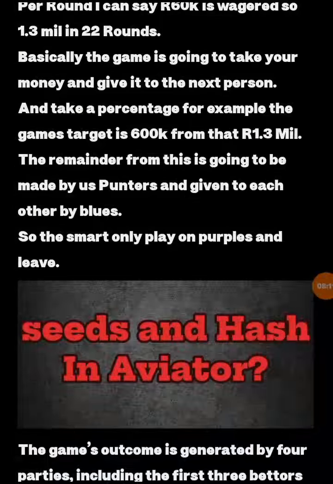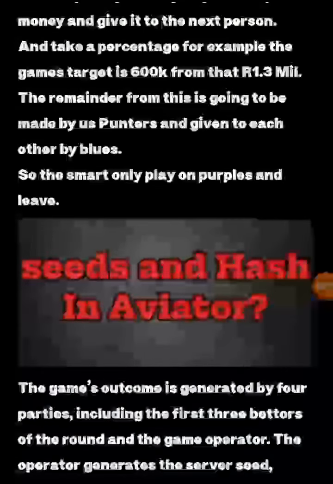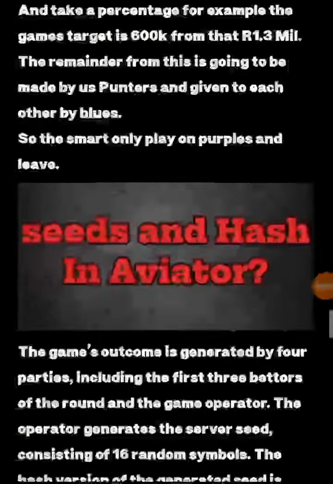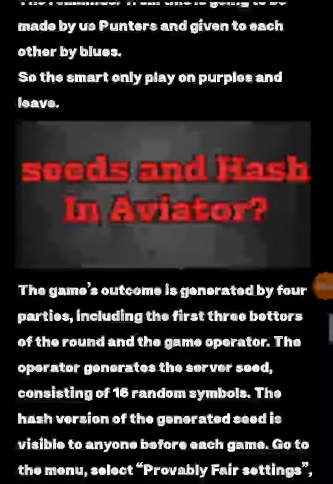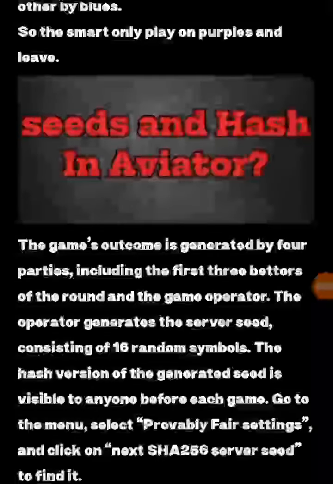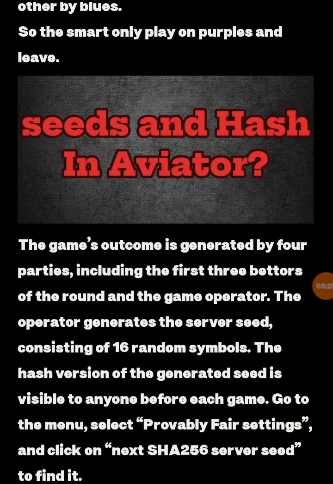The game's outcome is generated by 4 parties, including the first 3 bettors of the round, and the game operator generates the server seed consisting of 16 random symbols. The hash version of the generated seed is visible to anyone before each game.